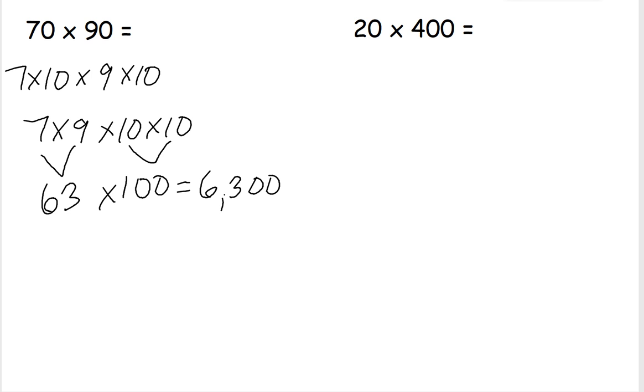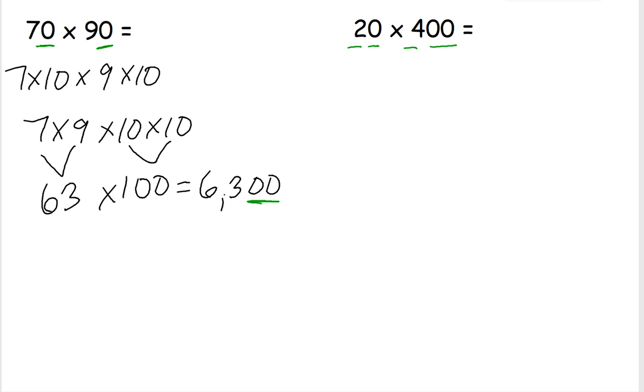Okay, so there's a faster way we can find the answer here. If you notice, the number of zeros, again, in my problem is 2, and the number of zeros in my answer is 2. So we can find these answers quickly by multiplying the digits at the beginning of each number and adding the total number of zeros to the right of the answer.